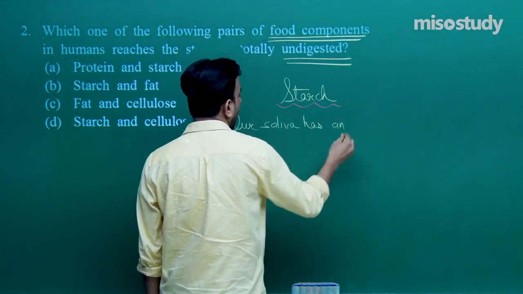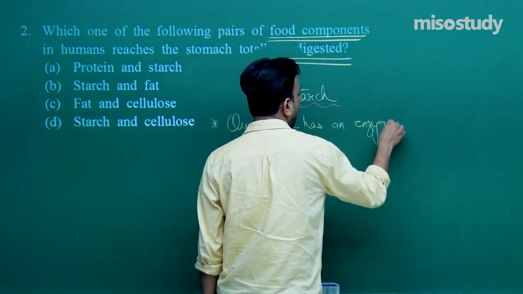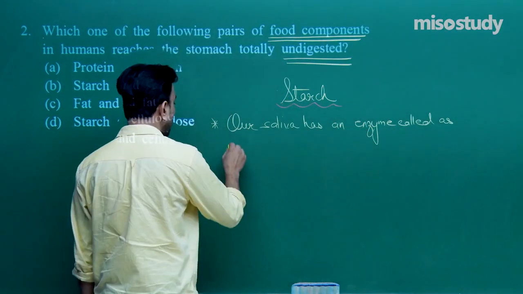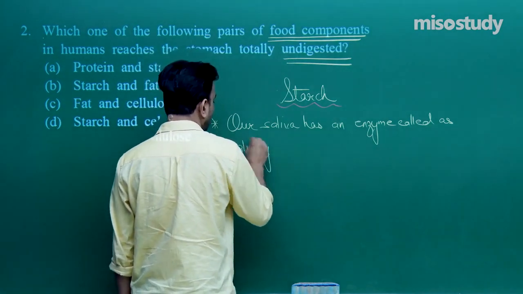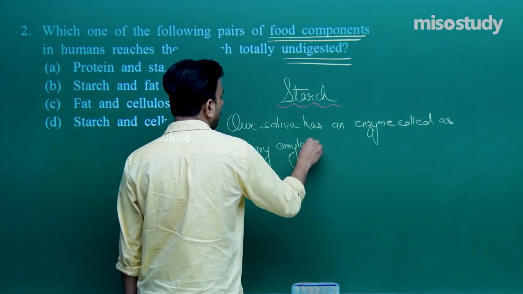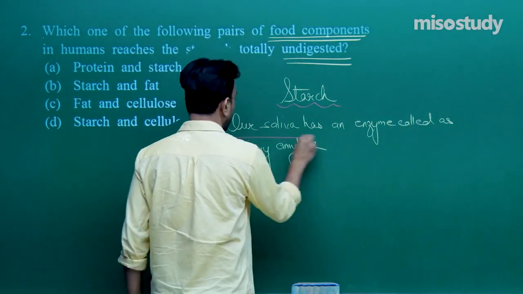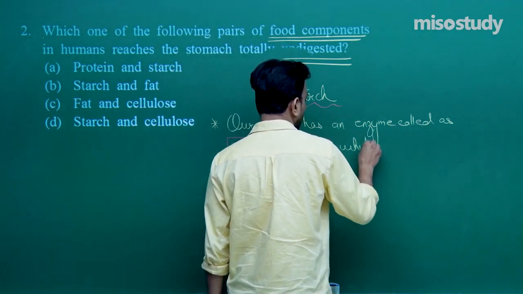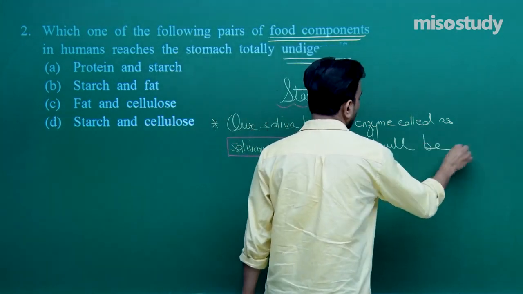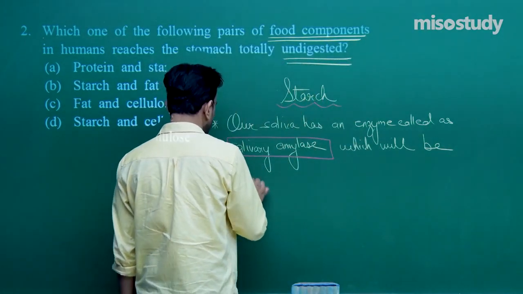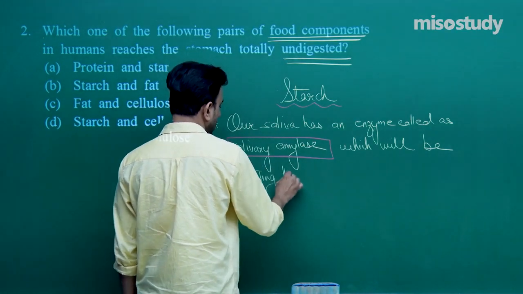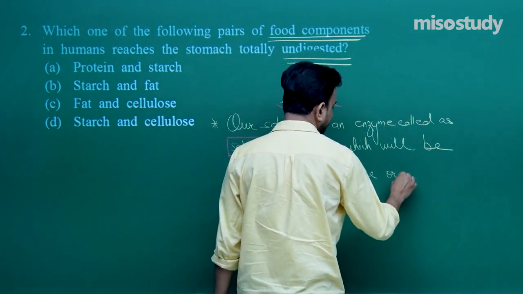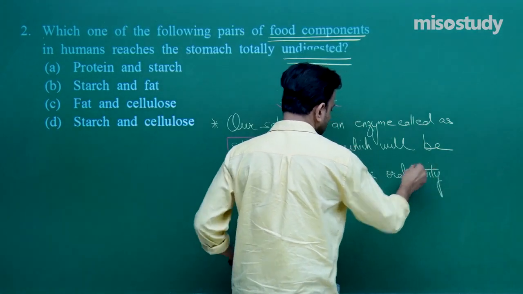Our saliva has an enzyme called salivary amylase, which will be digesting the starch in the oral cavity.